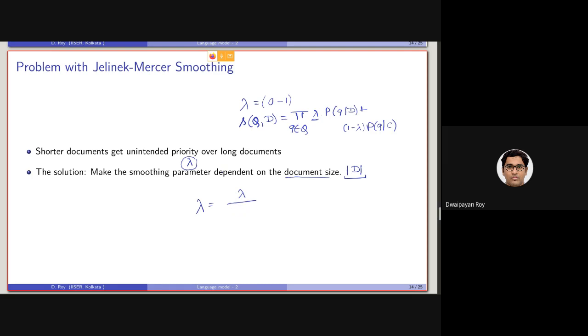Let's call it, say, beta: beta by beta plus d, or document length by document length plus beta. Either of them we will be using instead of lambda. This kind of retrieval model, this kind of smoothing, we will be referring to as Dirichlet smoothing.